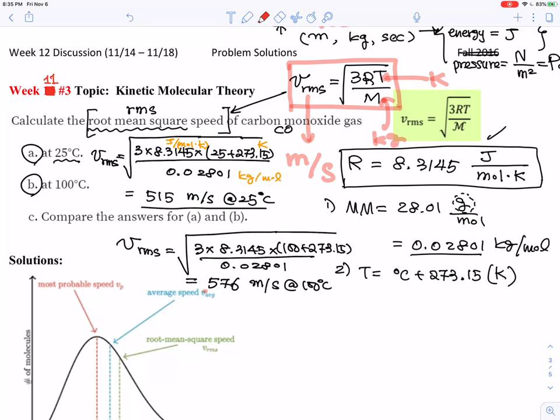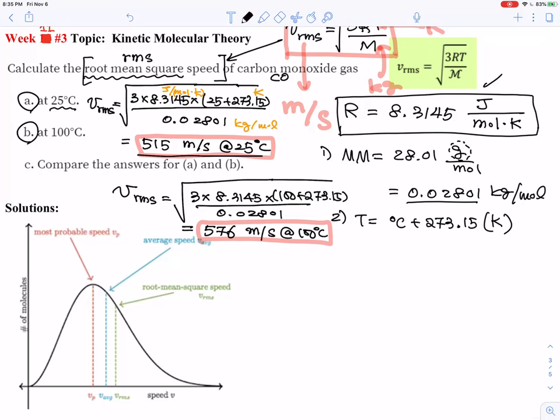So now you will notice that upon the temperature increase, your average speed is going up. And there is a graph that people use to describe this. So, in the kinetic theory, the gas molecule has a speed distribution, and this is the number of molecules, and this is their speed distribution.